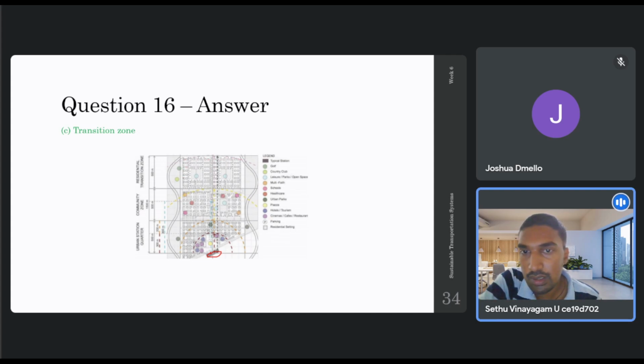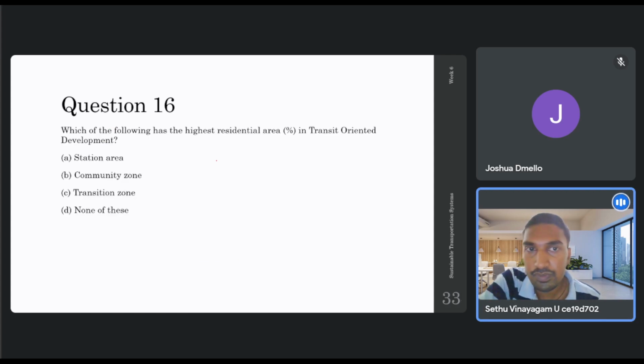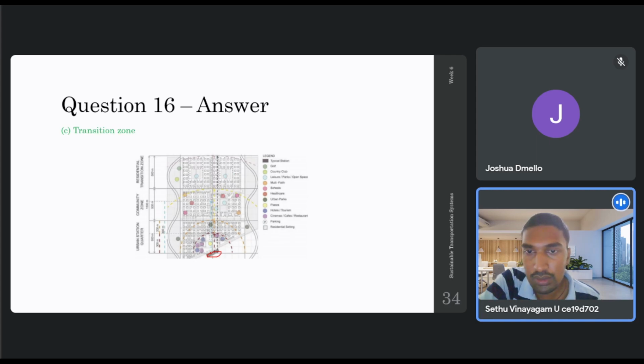Therefore, this is the region where we will find the highest percentage of the residential area. Therefore, the right option is option C, the transition zone, right? It relatively has the higher area occupied by the residential land use. So the right option is option C.